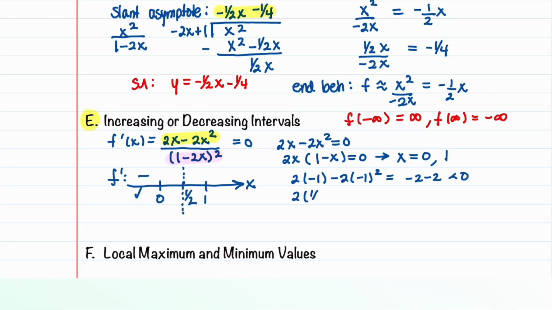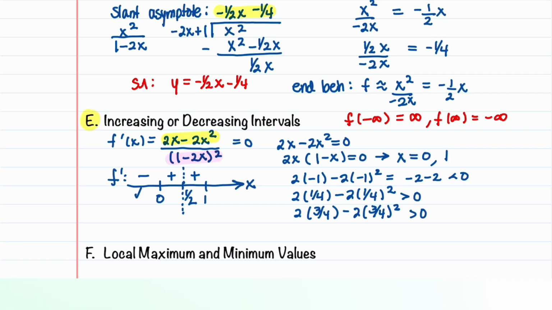So 2 times 1/4 minus 2 times 1/4 squared. That is going to be positive. So we'll put a positive here. And now let's pick a point to the right of 1/2. So let's pick maybe 3/4. That is also greater than 0. So we're going to put a plus here.